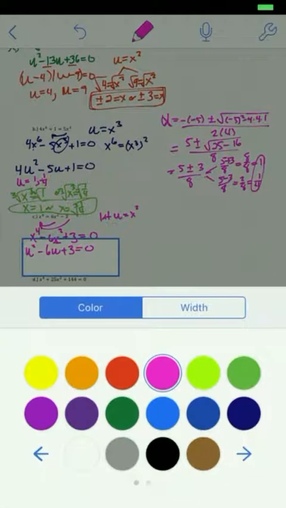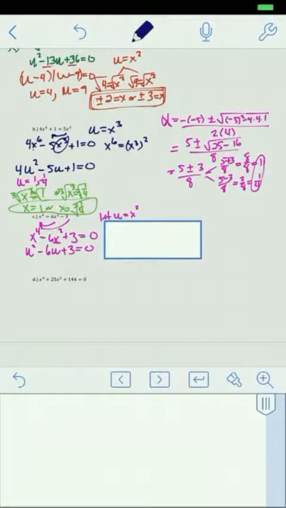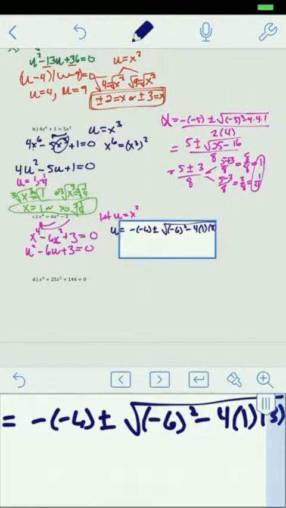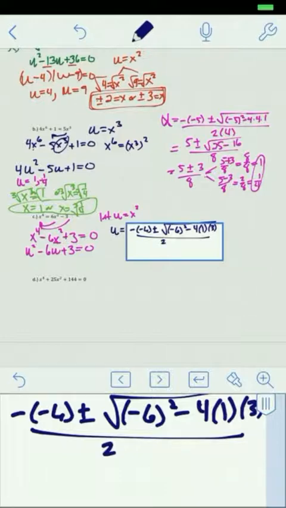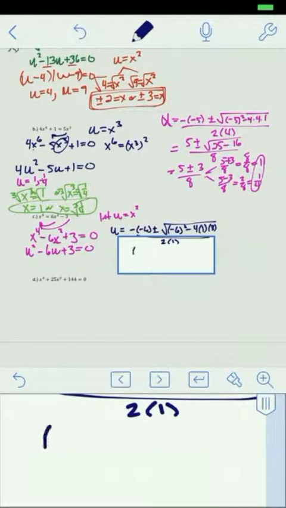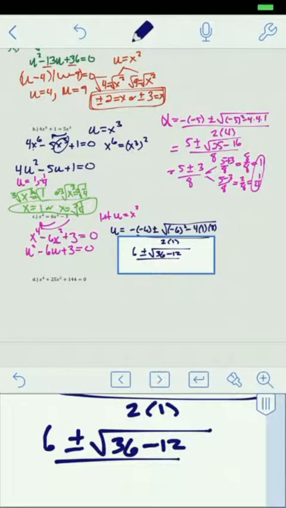So I'm going to use the quadratic formula. u is equal to minus b plus or minus the square root of b squared minus 4ac, a is 1, c is 3, all over 2a. That simplifies down to 6 plus or minus the square root of 36 minus 12, over 2.